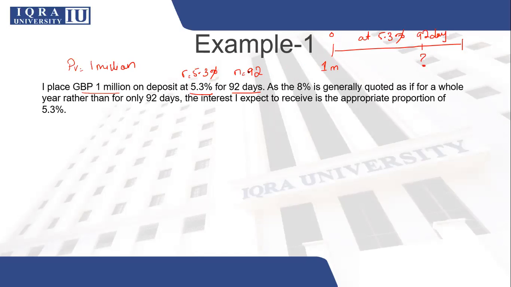This 5.3% is an annual rate. You are always given the annual rate and you need to convert it, to know how much interest you get in 92 days. This is a yearly rate. Yearly means 365 days, but you're keeping the instrument for only 92 days, so you will get interest for only 92 days.